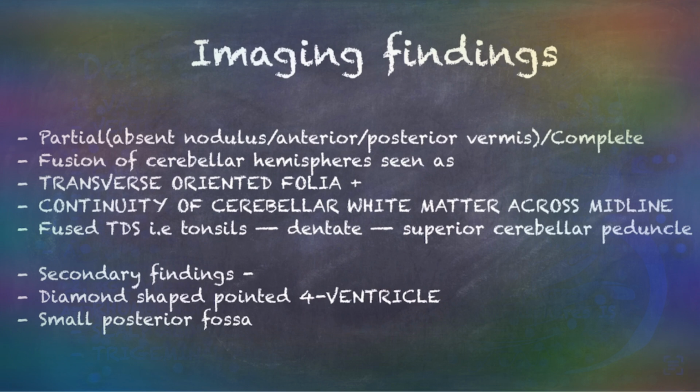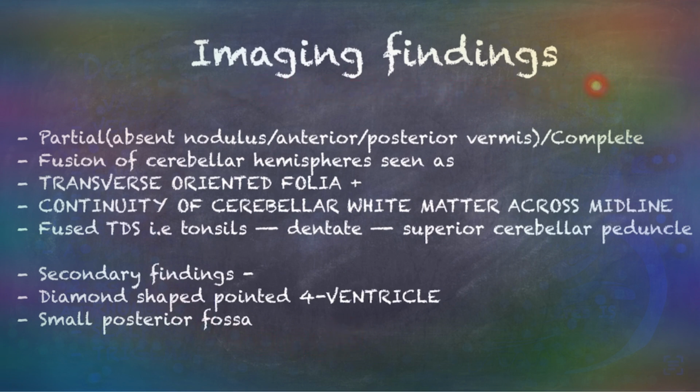Because of all these appearances, the fourth ventricle's shape will be like a diamond. So the fourth ventricle will appear as a pointed diamond-like structure and the posterior fossa will be small in size. Since the vermis is absent, there is a lesser structure, so obviously the posterior fossa will in turn be smaller.